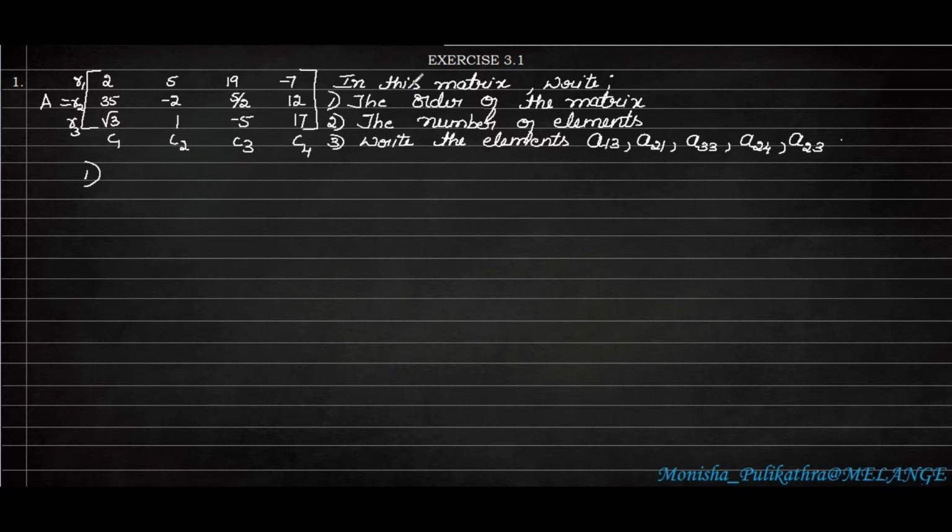The first question is the order of the matrix. For the order, we have to take into consideration how many rows and how many columns there are, and first we have to mention the rows.